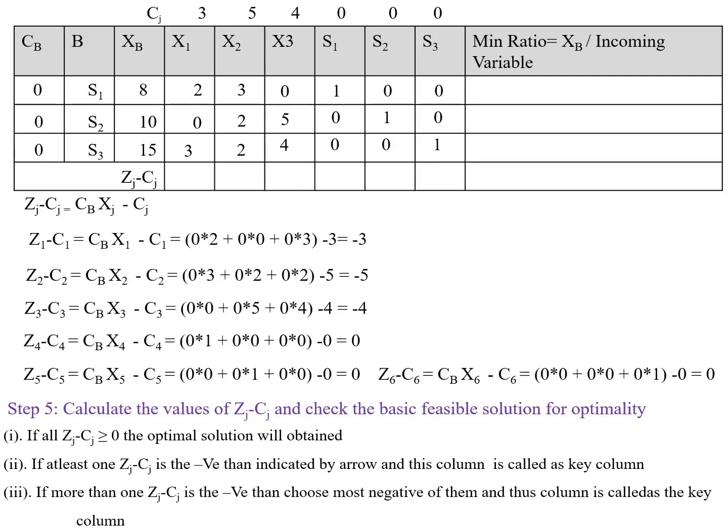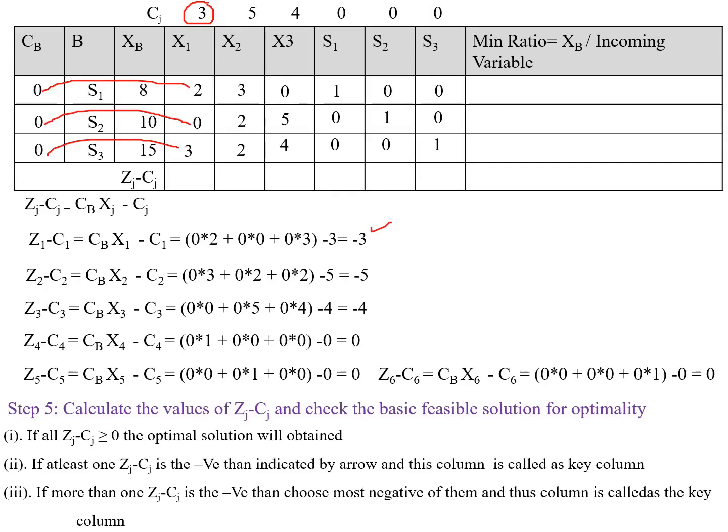First determine the Zj minus Cj value for the first variable x1, that is Z1 minus C1 equal to CB x1 minus C1. It becomes 0 into 2 plus 0 into 0 plus 0 into 3 minus 3. The value becomes minus 3.